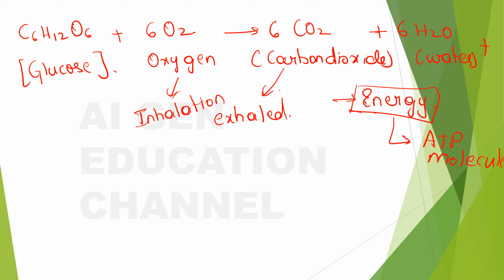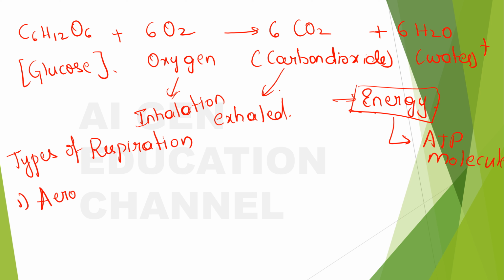So what is this type of respiration? We can say that there are two types of respiration. What are those? One is aerobic respiration, and the other is anaerobic respiration.